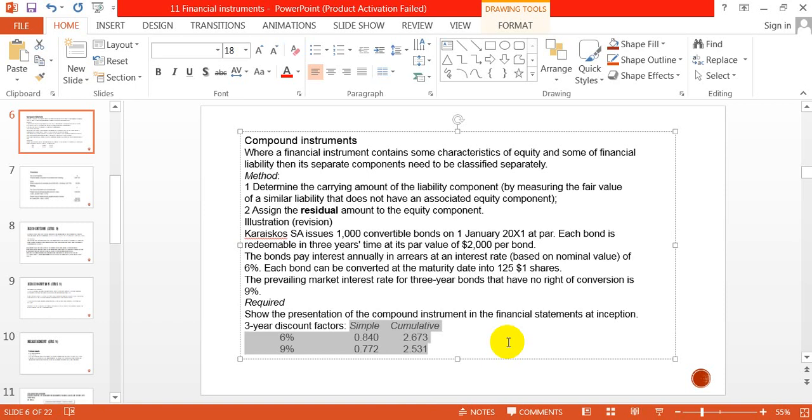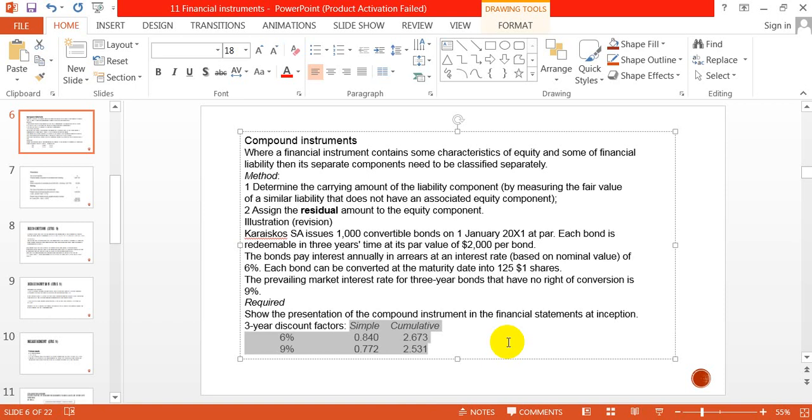You use the higher cumulative to discount the interest over the period in which the bond will be redeemed. In this case, 3 years.